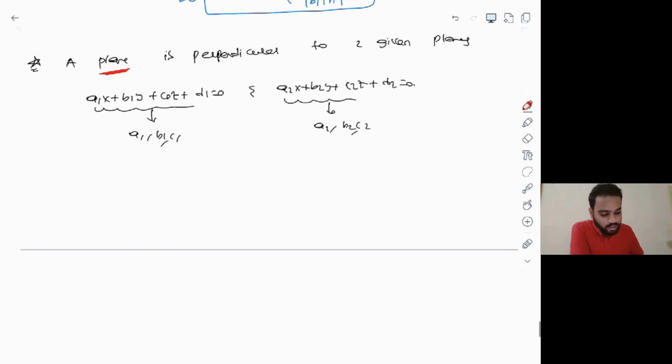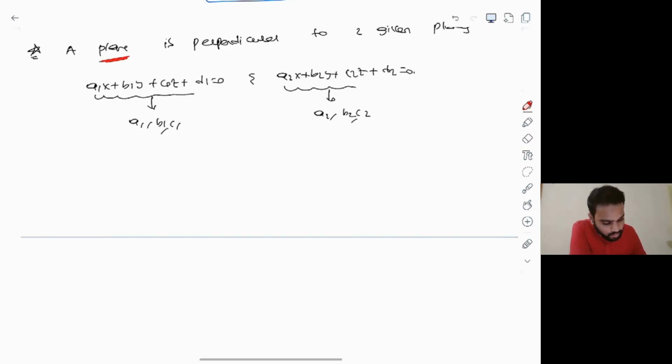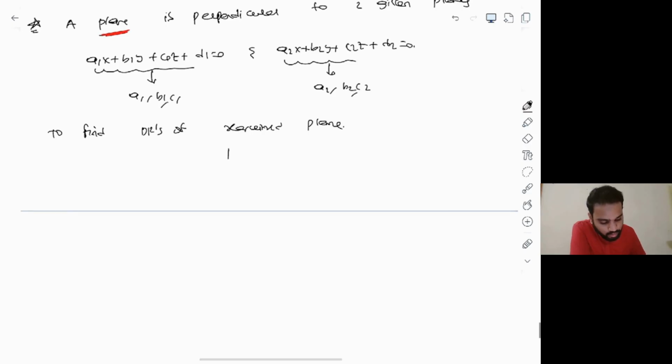Okay, and that is the reason what we are going to do, I'll write the trick here, to find the drs of the required plane. To find the drs of the required plane, simply take their cross product. That is i cap, j cap, k cap, a1, b1, c1, a2, b2, c2. Okay, and you get something like this, right?